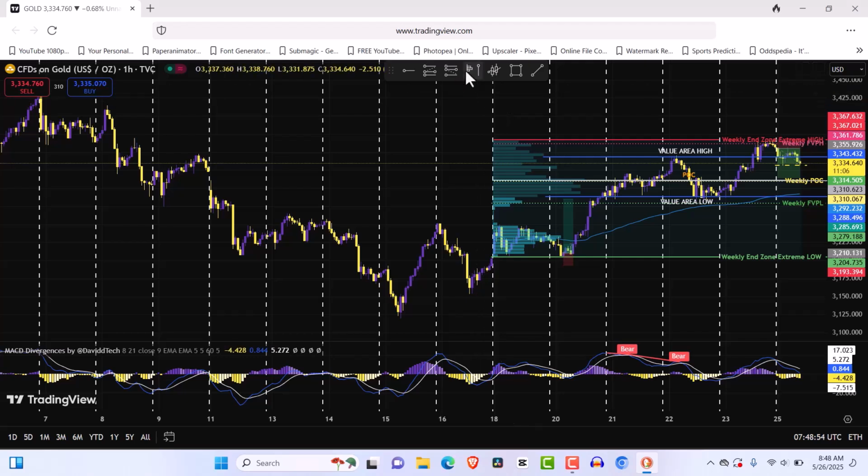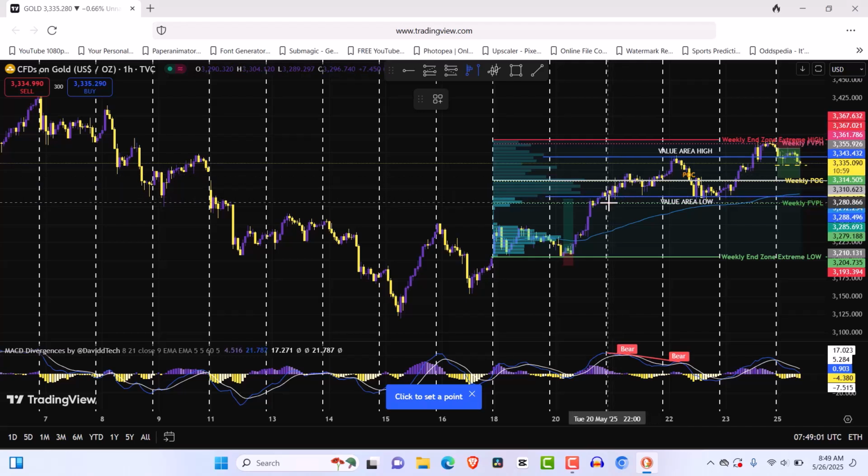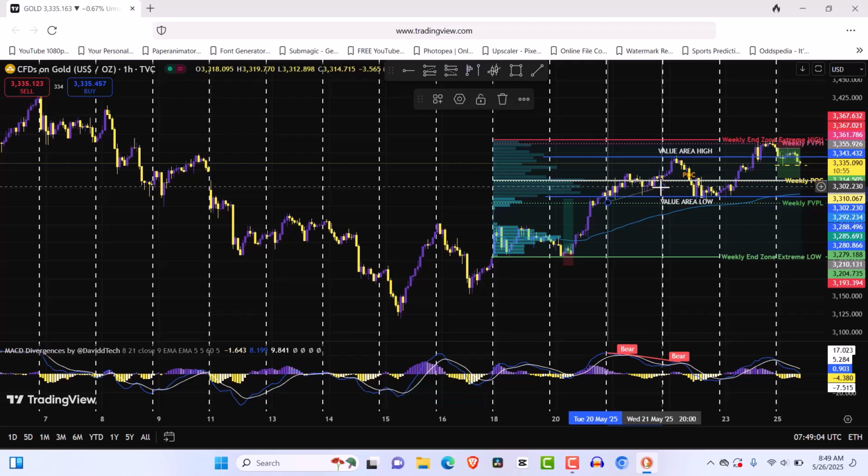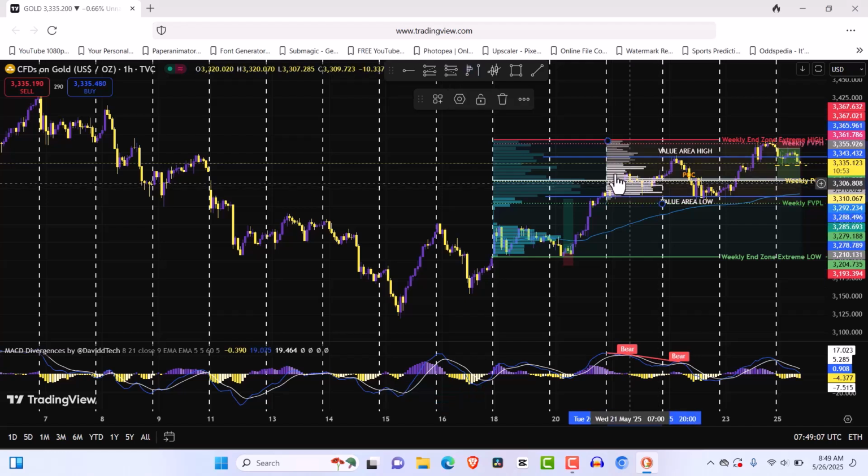For Thursday, we'll draw from Wednesday, from here to this high. Okay, so you can see we had it there and would have traded from the highs to the low, and you can see, okay, this is good.